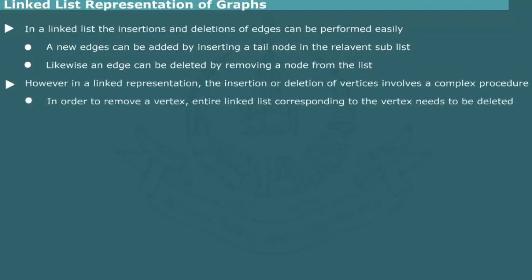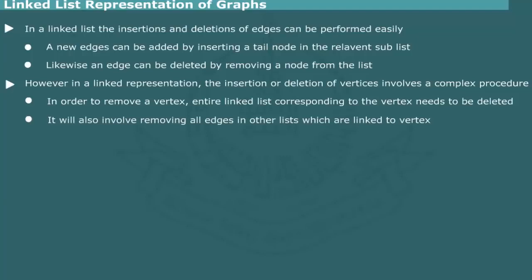In order to remove a vertex, we would not only need to delete the entire linked list corresponding to the vertex being deleted, but also remove all the edges in other lists which are linked to the vertex. This would involve scanning of all the linked lists to find if there is an edge to be deleted.